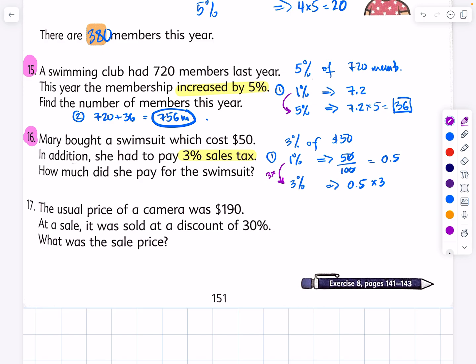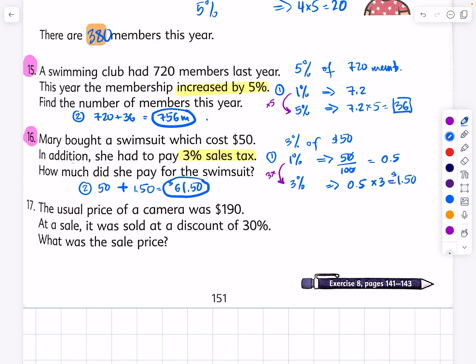From the 1% benchmark, we multiplied our quantity 5 times to find 5%. So 0.5 times 3 is $1.50. So the entire tax that she paid on top of the swimsuit, so step 2, it is 50 plus $1.50. The swimsuit cost her $61.50. And we put that number in a box.